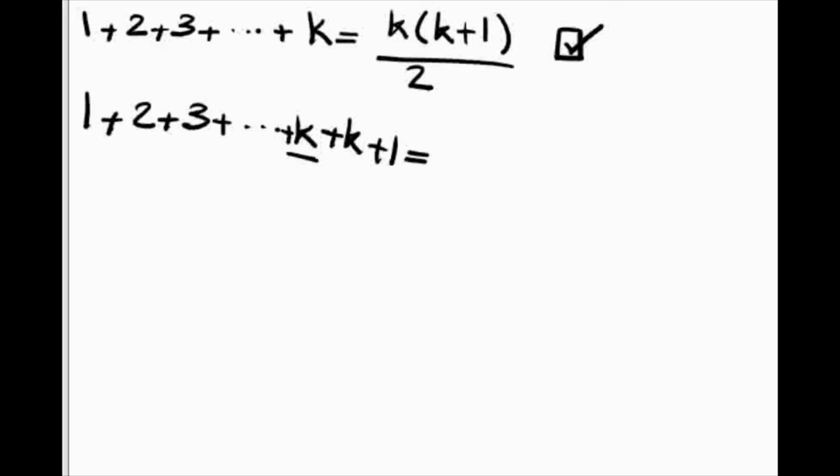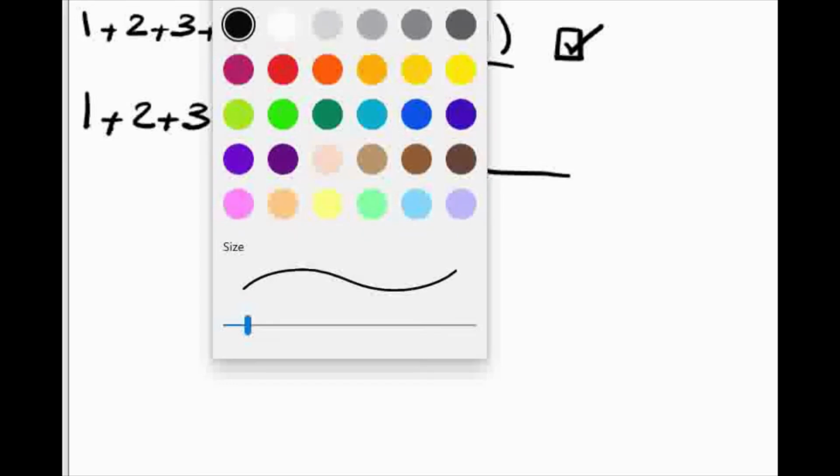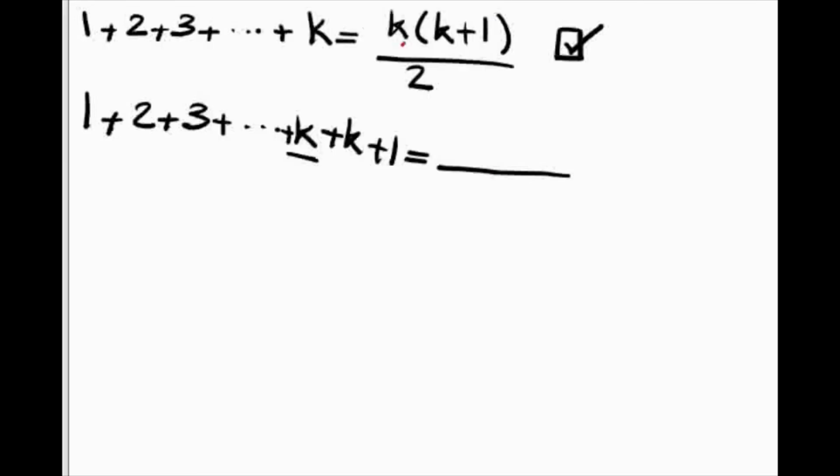In this case, because we have the two last digits, let me show it to you here. We have k, which is the last digit, and then we have k plus 1 here. Now if I want to rewrite this equation, it is going to be different because my last number here is k plus 1, not k anymore.